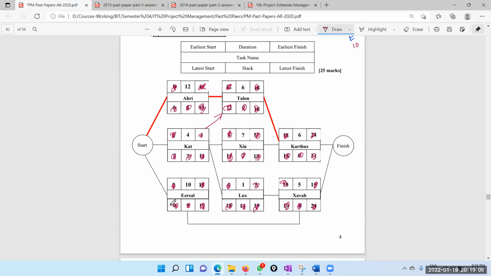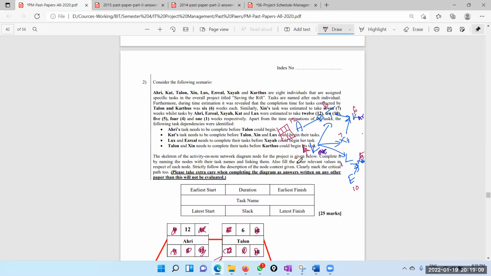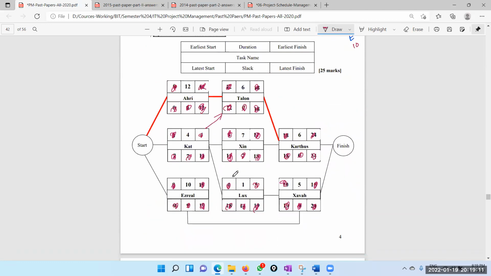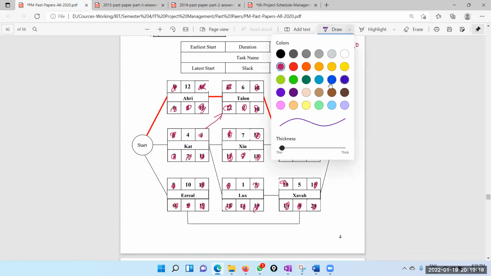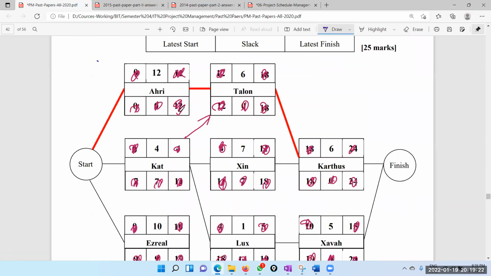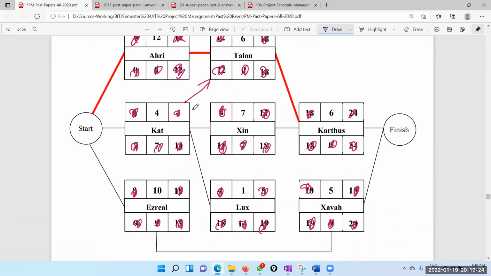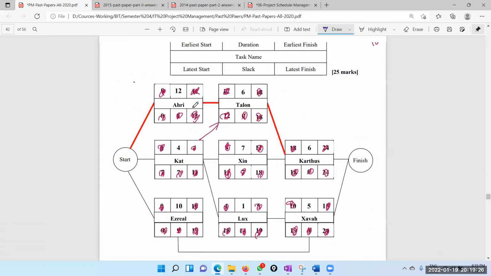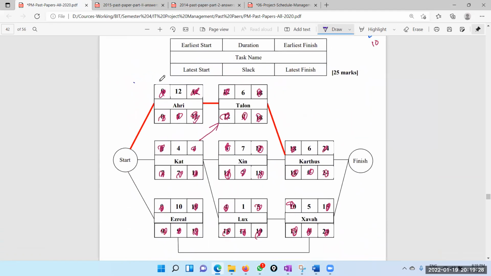So these three tasks are not having any dependencies. You can see A, K, E, they don't have any dependencies. So therefore, the earliest start is 0. Let's make it a little bit bigger. So the earliest start is 0.